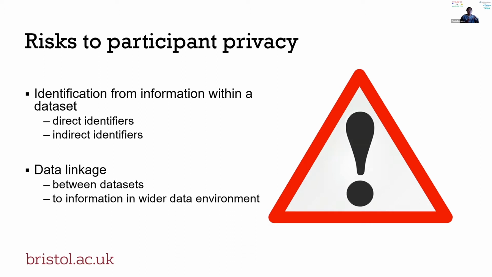But even if you're careful about what's in the data set itself, there's still the issue of data linkage. This is creating links between data sets. For example, there was a good example a few years ago where Netflix released an anonymised data set of what subscribers had watched, so times, dates and what they'd watched linked to a supposedly anonymised identifier.